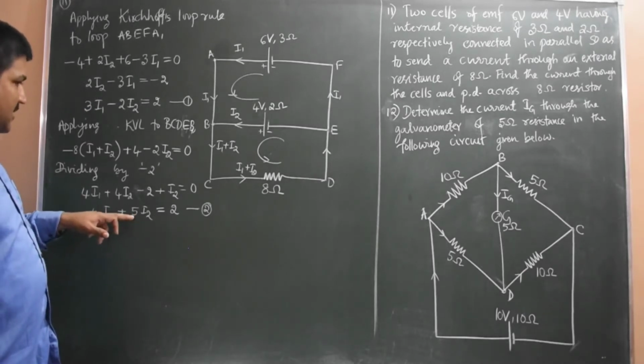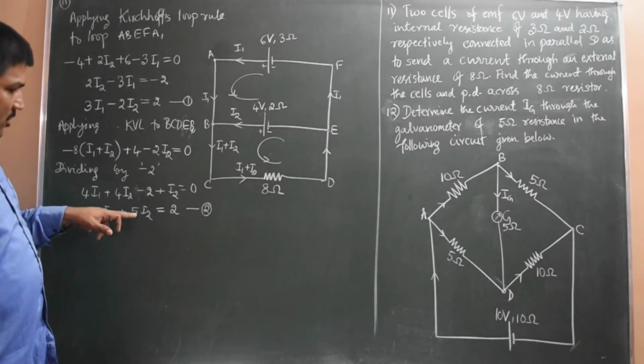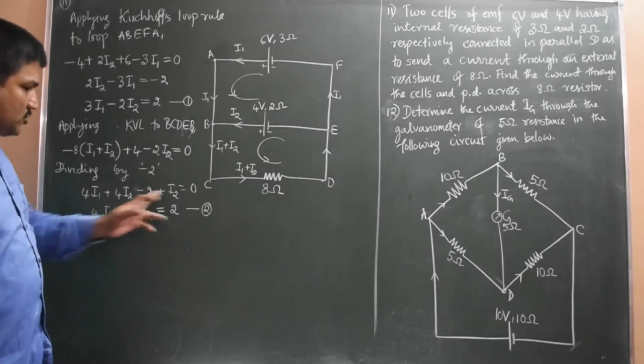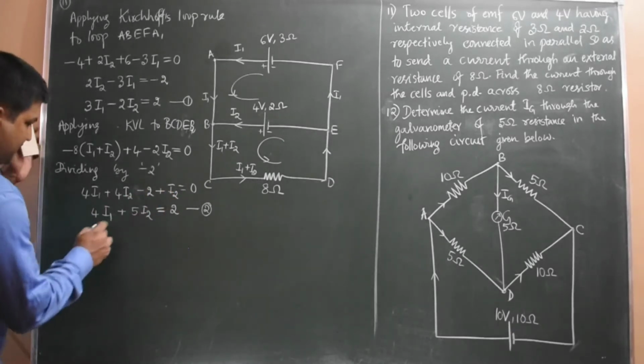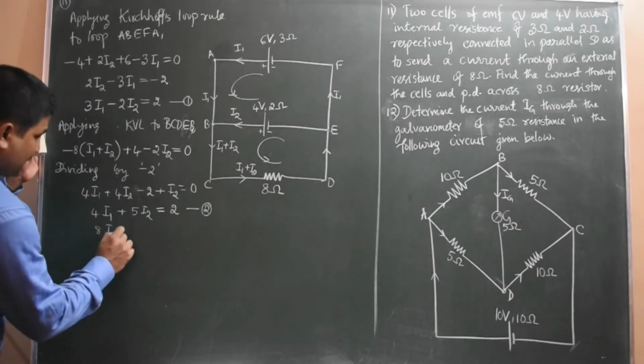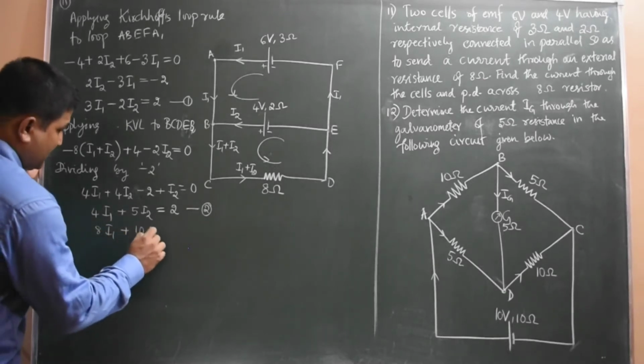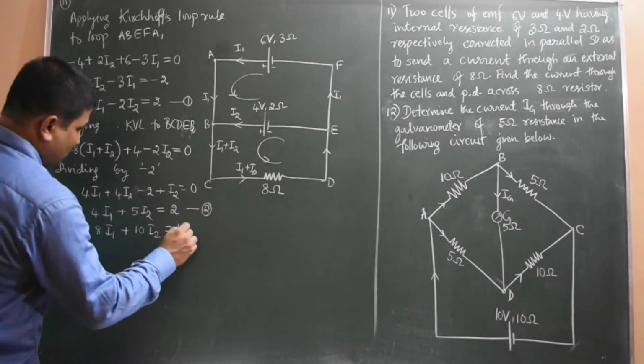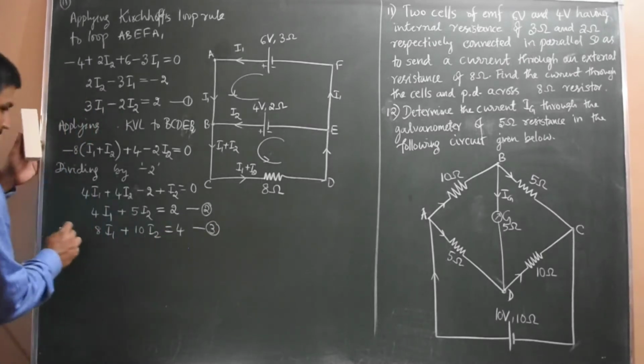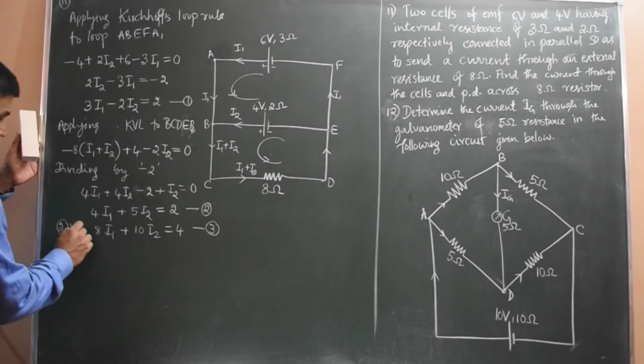So when I do that, it becomes 10I2, multiplying by 2 throughout. Then I can write this equation as 8I1 plus 10I2 equal to 4, equation number 3. That is equation 2 into 2.